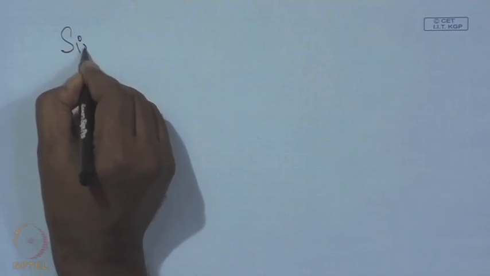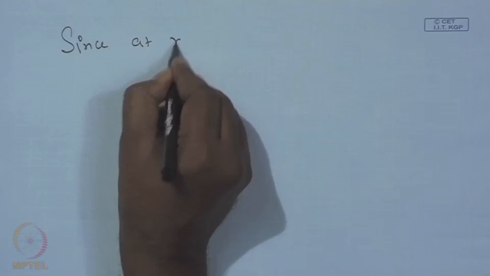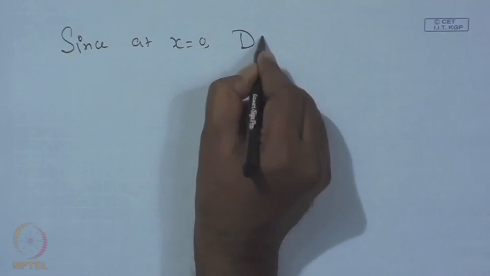Okay. Let us come back to this problem. Since we have the boundary condition at x is equal to 0, we have a Dirichlet boundary condition.